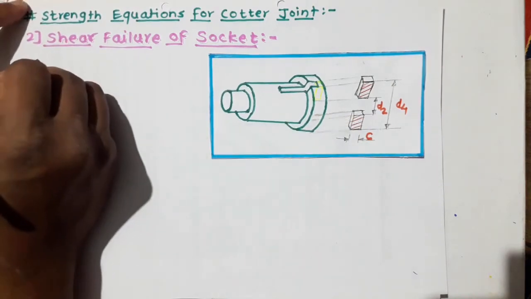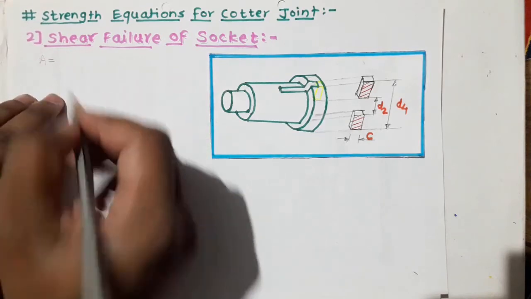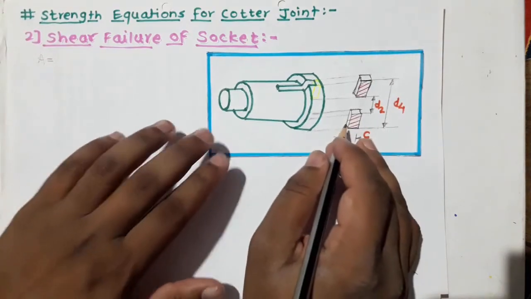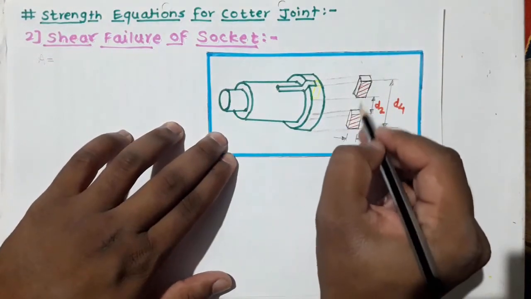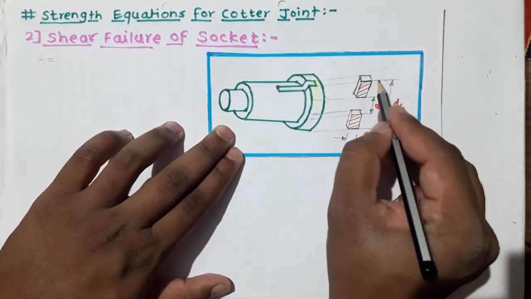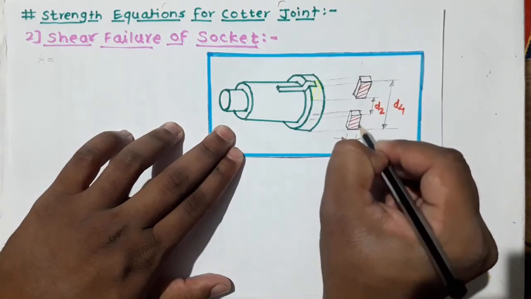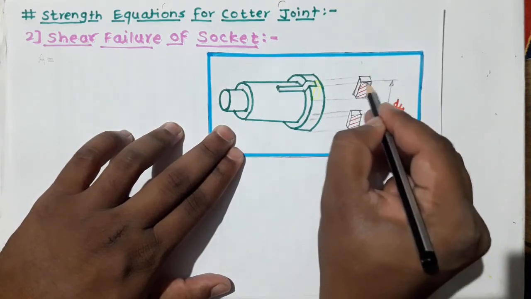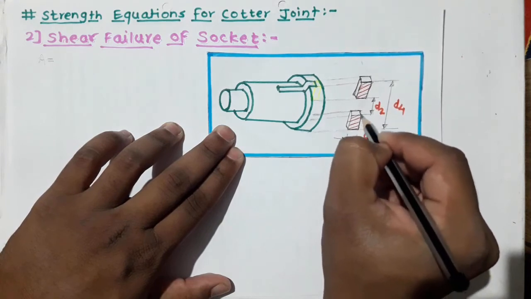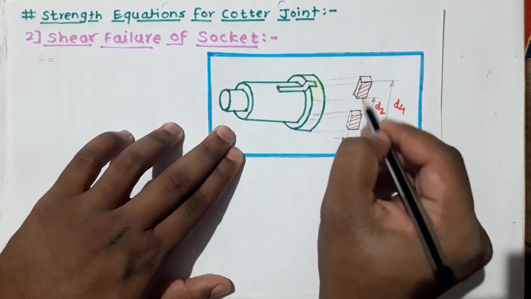Now first write the total area subjected to shear stress, which is denoted by A. Now the first is this side, which is visible from the observer. If you subtract d2 from d4, we get the addition of these two sides. So d4 minus d2 gives the addition of these two sides, into c, we get the total area which is visible to the observer.